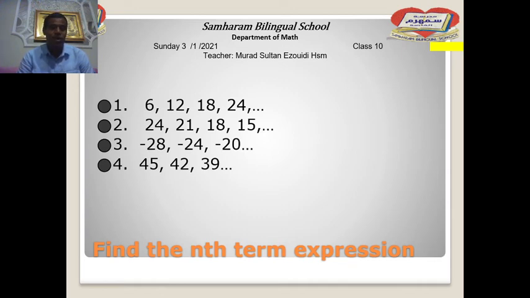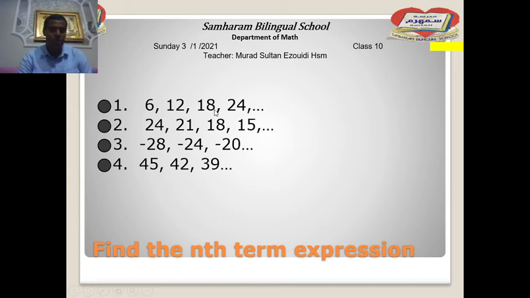So I'll write 6 plus 6 multiplied by n minus 1 gives 6n. 6 multiplied by 1 gives 6. 6 multiplied by 2 gives 12. 6 by 3, 18. 6 by 4, 24, and so on. For the first example, the nth term is 6n.